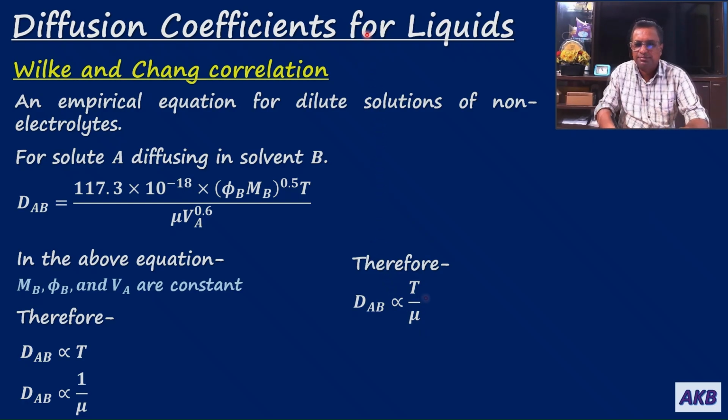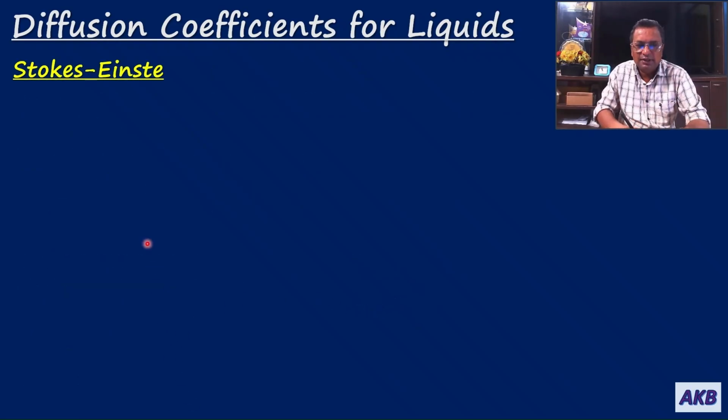Let us move ahead. Then the other equation that is available was proposed by Stokes and Einstein. So it is the Stokes-Einstein equation.